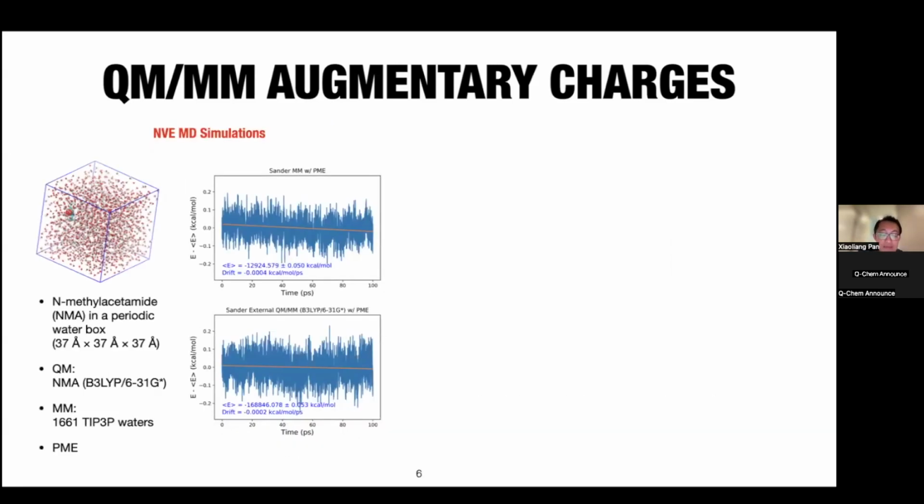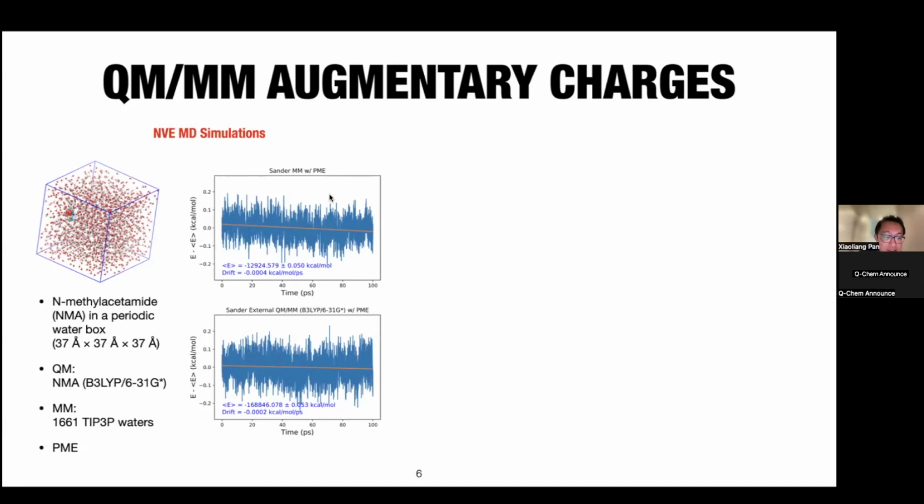Next, we implemented an analytical gradient for this model, so we can run MD simulations with it. We first validated it by doing NVE MD simulations to check the energy conservation. And we can see the QM/MM model gave us the same energy drift compared to regular MM simulations with the same PME.